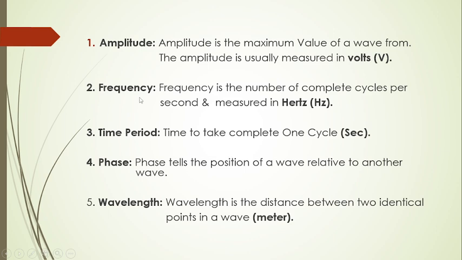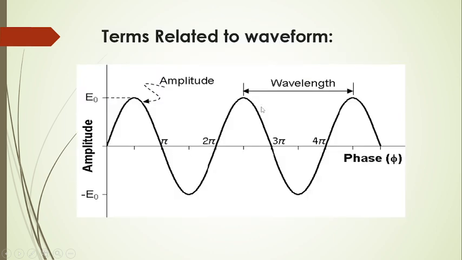Second one is frequency. The frequency is the number of cycles completed per second and measured in hertz, means how many cycles complete in 1 second. Let's say this cycle starts from here and ends here, one positive part and one negative part.